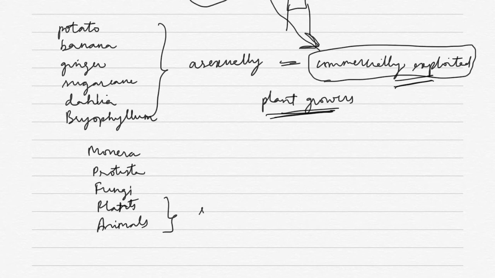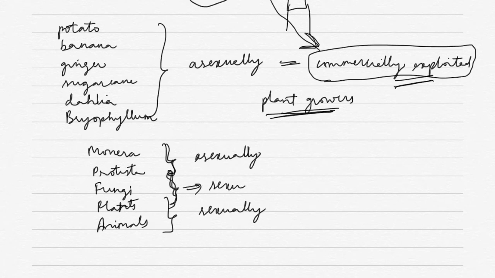Animals and plants reproduce sexually. Monerans and protists reproduce asexually. Fungi, algae, they are going to reproduce sexually all the time. But during unfavorable conditions, they are going to reproduce asexually. Okay, this is the last statement given in NCERT about asexual reproduction, and it is something to know.